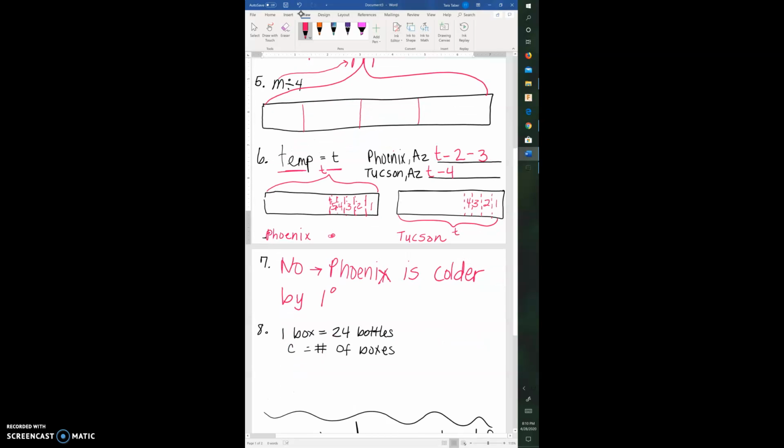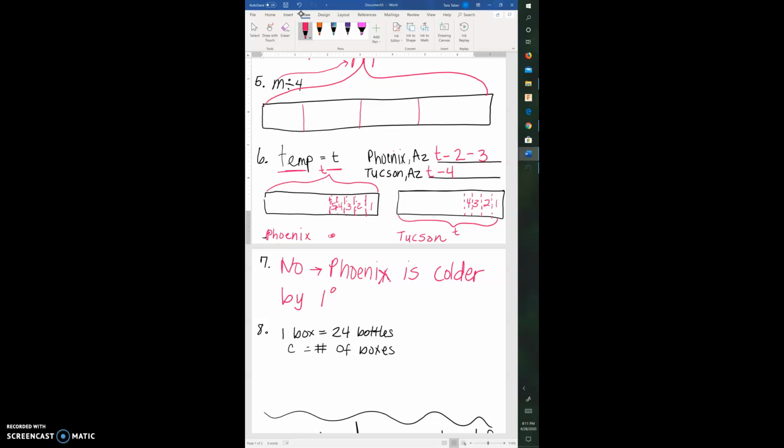Okay, last one. Number 8. Noelle bought some boxes of water bottles for a picnic. Each box contained 24 bottles of water. If C is the number of boxes, write an expression to show how many bottles of water Noelle bought. So it's an expression. You're not solving. You're not seeing how many she did, okay?